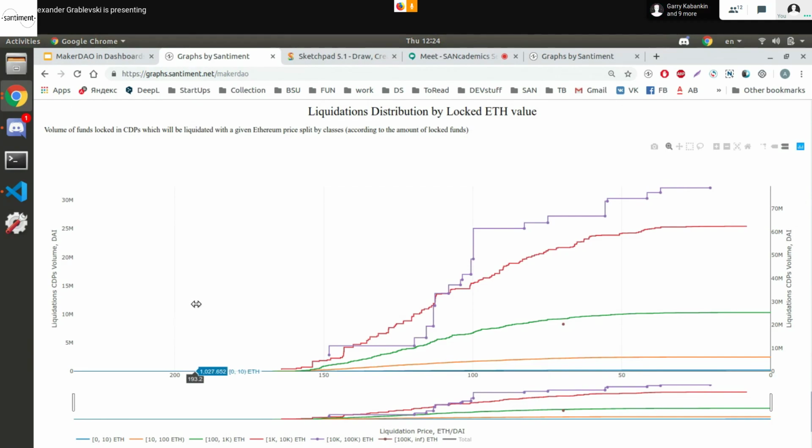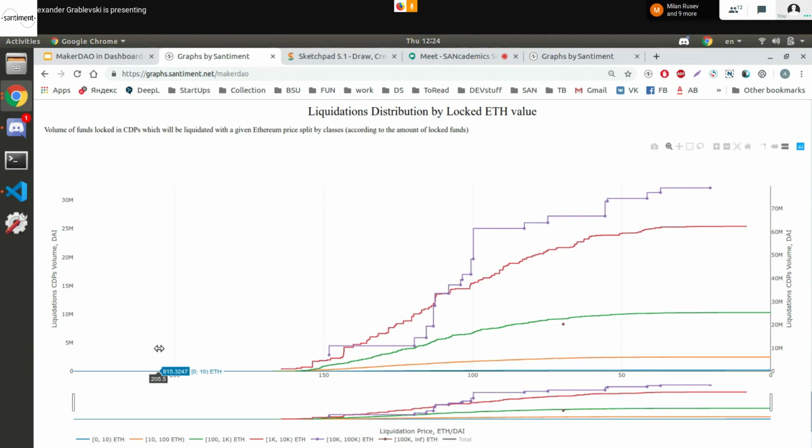So if you lock a small amount of ETH, like I lock ETH for $10, let's say I take, I don't know, $5 in DAI, and then the price of ETH drops a lot, and then no one will care about my CDP, so no one will take it. So I will have, yeah.